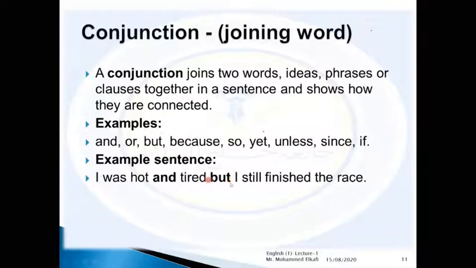We use but for contrast: I still finished the race. He was hot and tired, but he still finished the race. But here is a contrast word, a contrast conjunction.